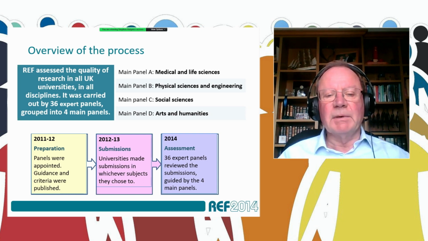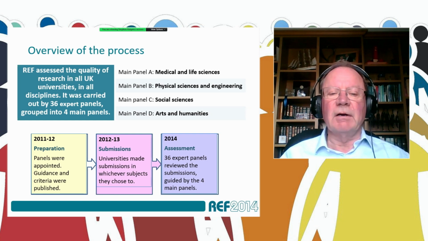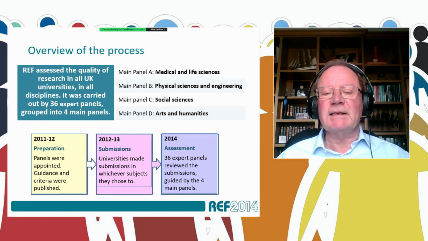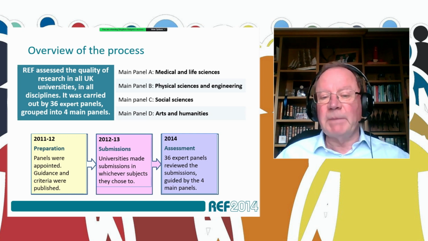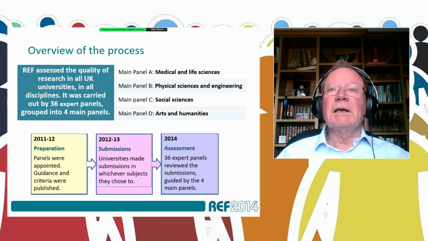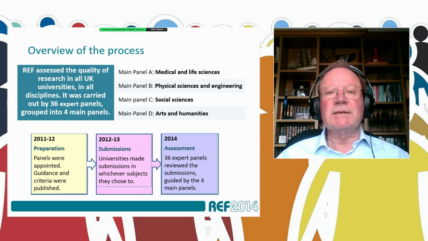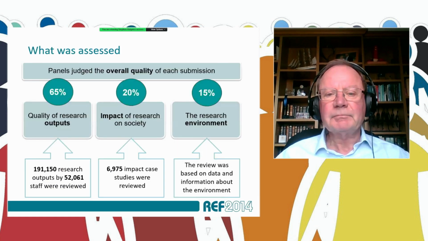And you can see in the bottom of this slide, the process that universities are asked to go through. Now, this is no mean task. It's a fantastically large and rather expensive exercise to try and extract the quality of research and its subsequent movement into societal impact over time.